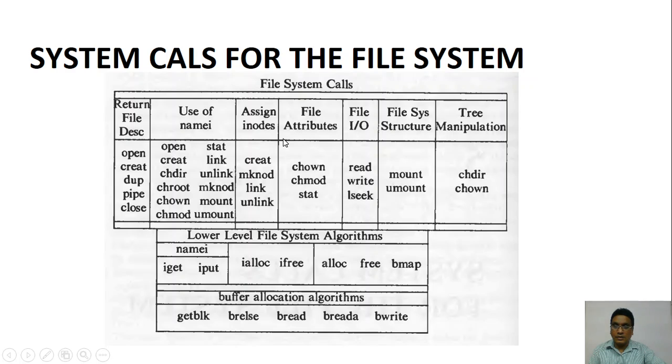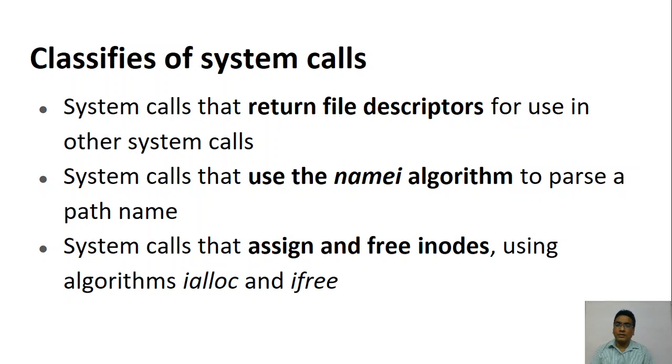Now you must understand that all these system calls which are discussed over here in turn make use of some algorithms or some other system calls at the base level, and they are the lower-level file algorithms which are used by most of the system calls listed in this section.